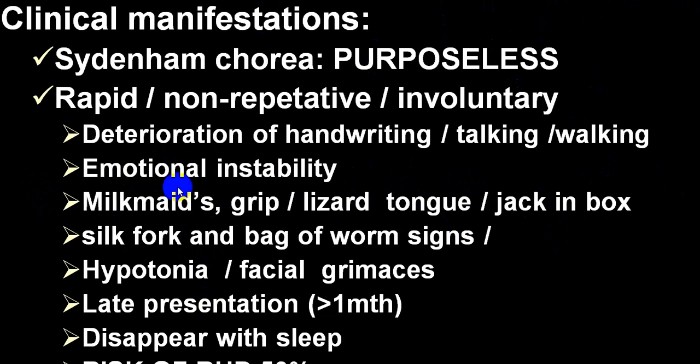These are all the different words which are being described. There is hypotonia, facial expression changes, we call facial grimaces, and it can present as late as 4 weeks. It disappears during sleep and very frequently associated with a subclinical carditis, quite common.